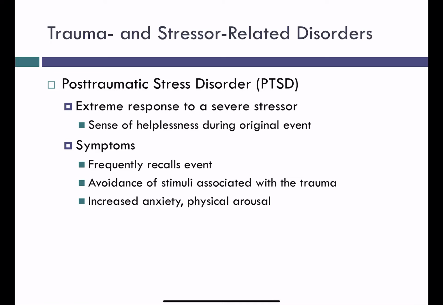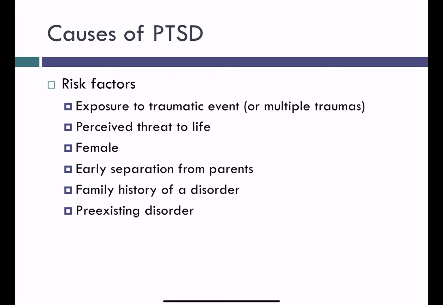There's also acute stress disorder, which is similar. Acute stress disorder is these kinds of symptoms that last less than 6 months. PTSD is when it lasts more than 6 months. So in terms of risk factors for PTSD, of course, exposure to a traumatic event or multiple traumas is part of the definition. Perceiving a threat to life during this experience.